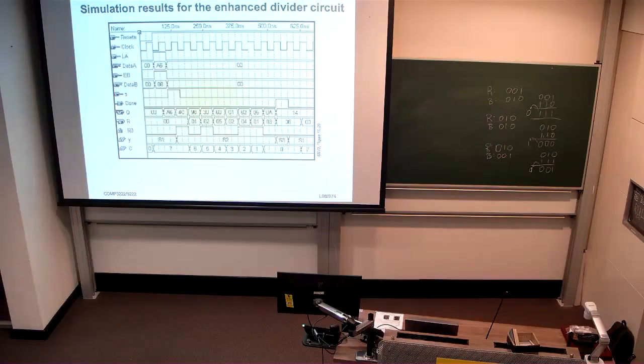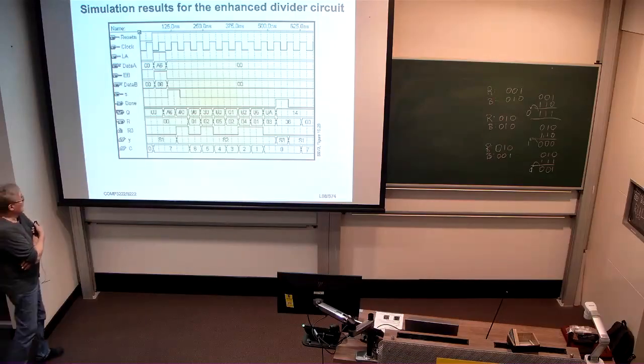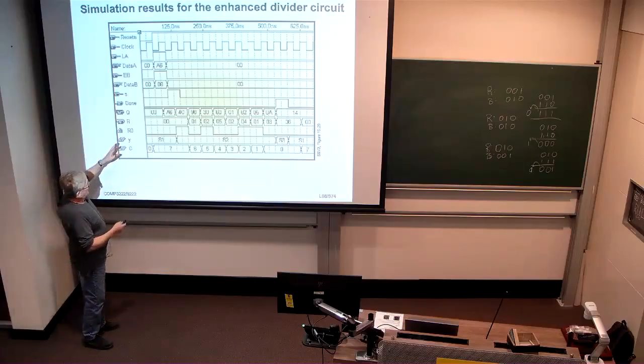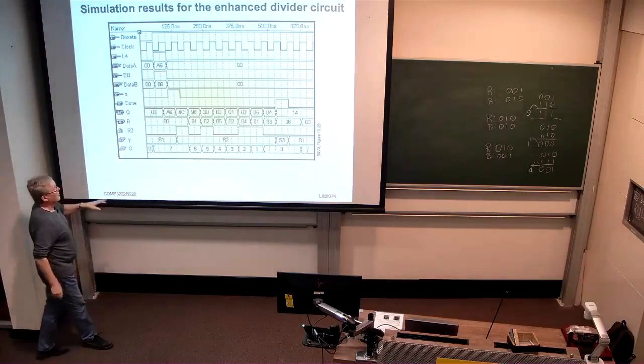So LA with data A, EB with data B, and S are all specified by the user. So they're the stimuli, along with the clock and the reset signal that we have up the top. Then we have the done signal and all of the responses of our system.